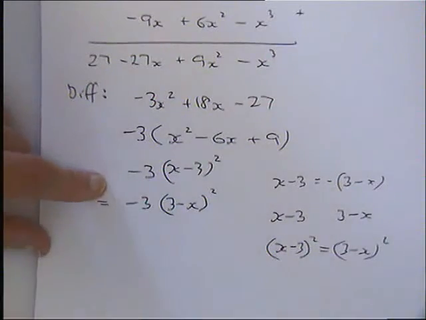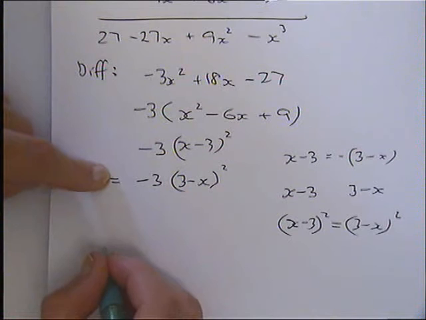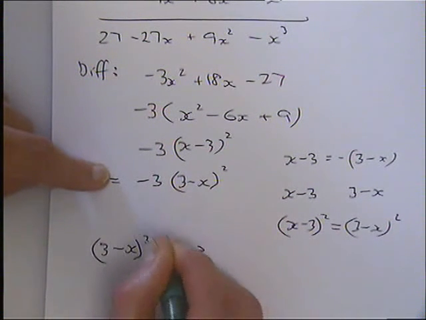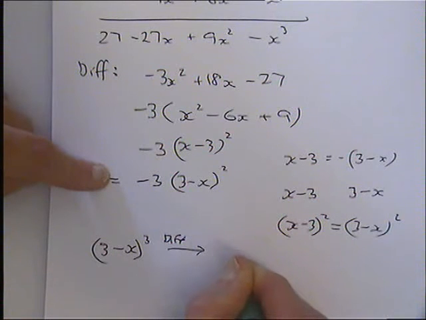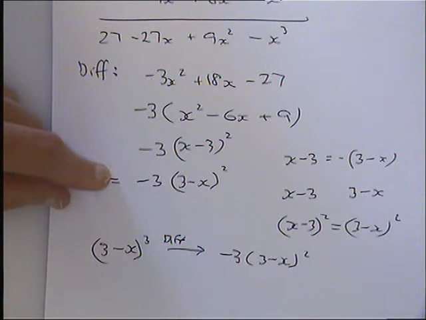So I can end up with this line down here. On this one, I started off with 3 minus x cubed, and I differentiated it, and I've ended up with minus 3 minus x squared.